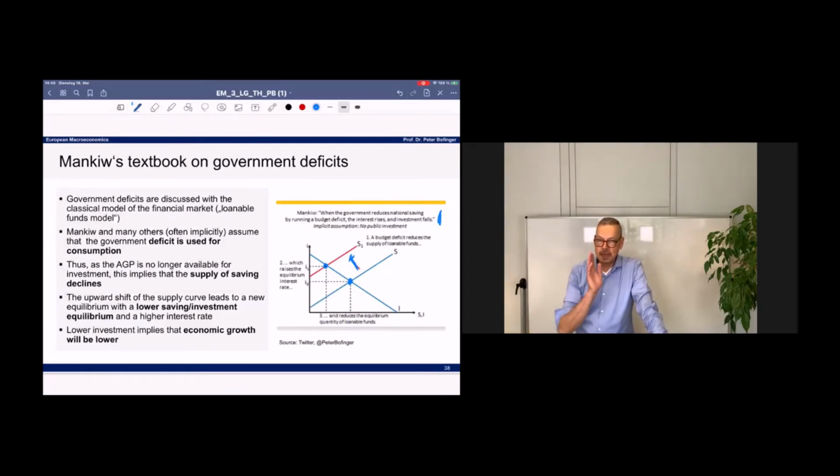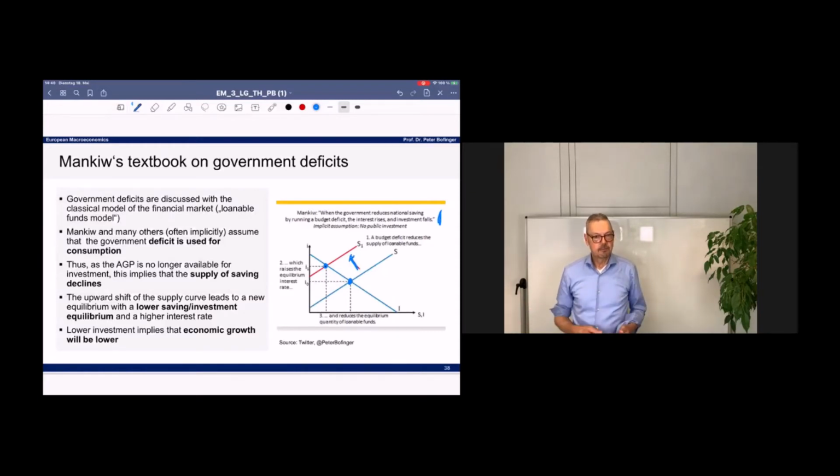But overall, the underlying idea is that the German government should not run a deficit. And this is a direct implication of this model, because when the government has a budget deficit, it reduces national saving, the interest rate rises, investment falls, so better the government doesn't do it.